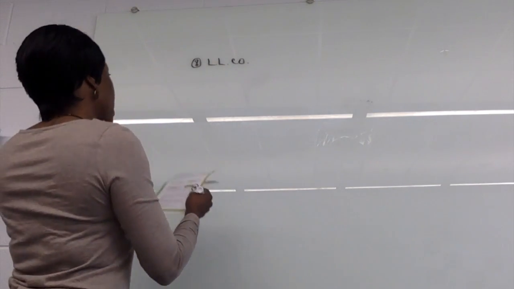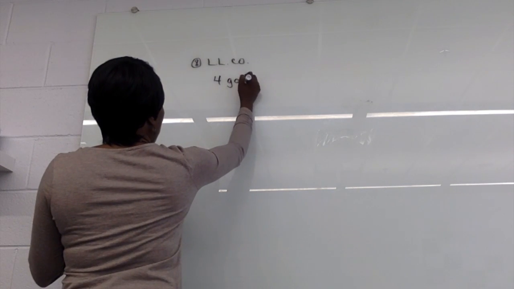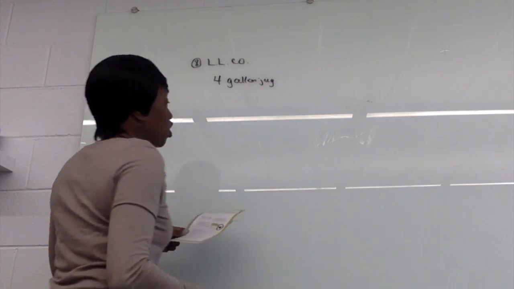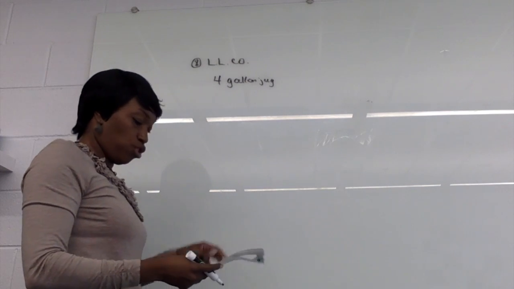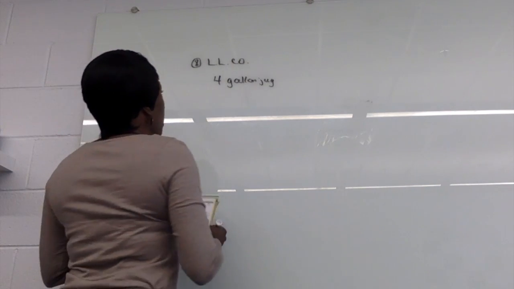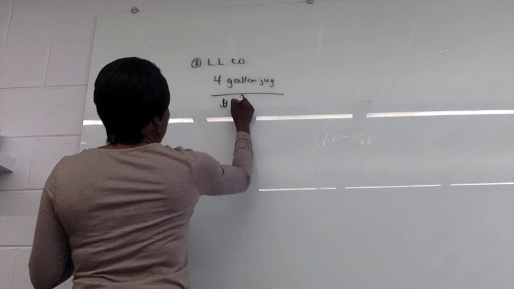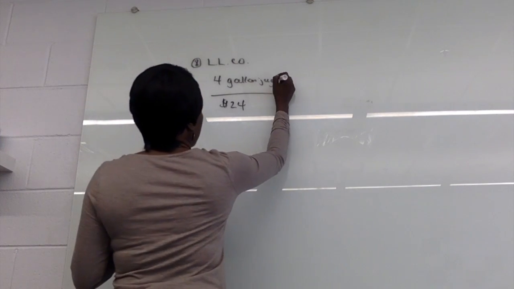Says 4-gallon jugs. So remember when we have word problems, we always just kind of jot down the things they give us. You can even underline it or highlight all the things that are given to you. And they sell these for $24. Okay, 4-gallon jugs for $24.